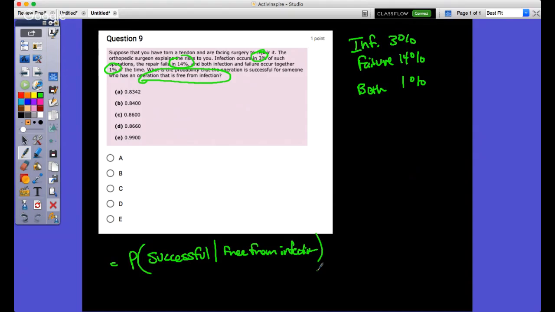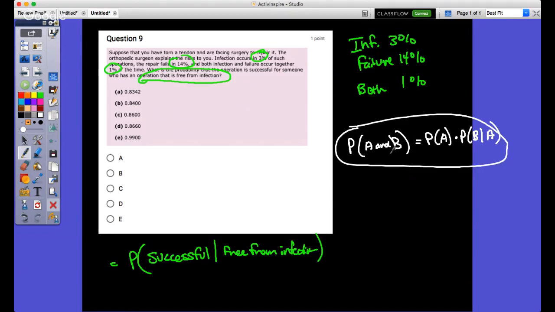First off, when we talk about something that's given, remember this is on your formula sheet: the probability of A and B is equal to the probability of A times the probability of B given that A occurred. This is the formula they're going to give me on the AP exam.